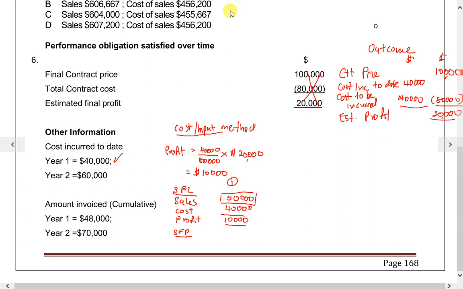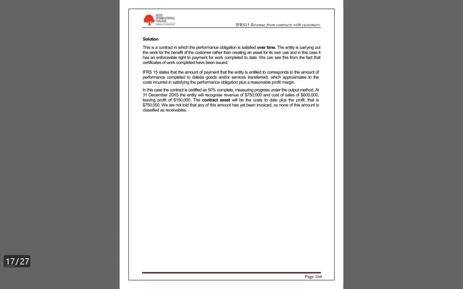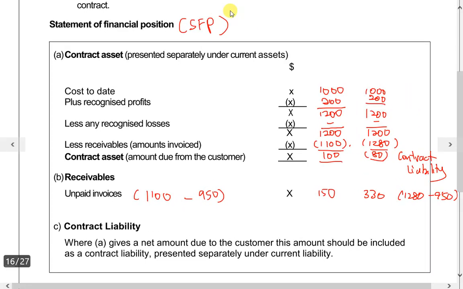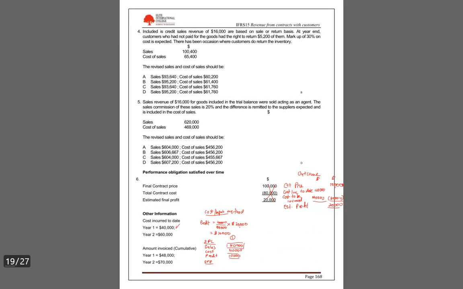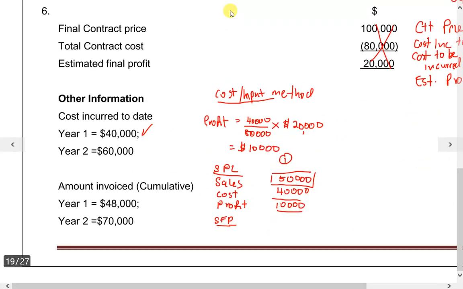50% complete, recognize 50% everything. And SFP, follow this one. Cost to date plus profit less receivable, less amount invoice than your contract, asset or liability, and then the receivable. Here, cost incurred to date, $40,000.